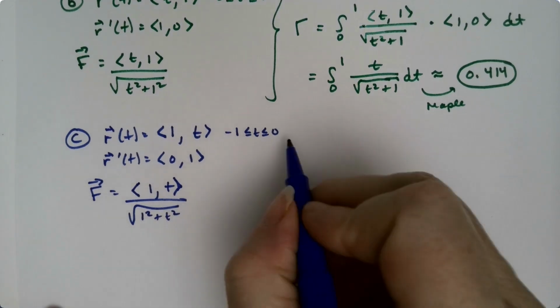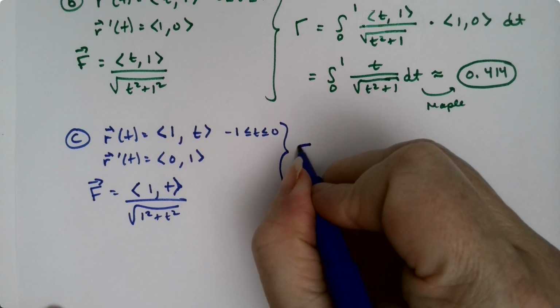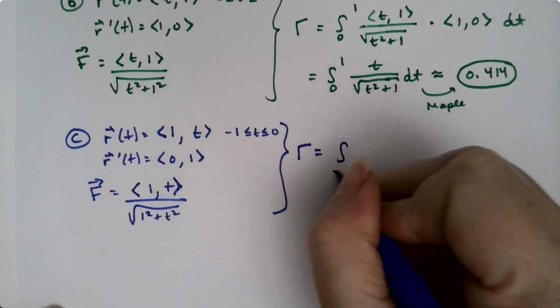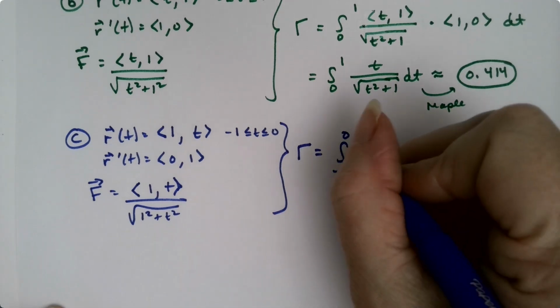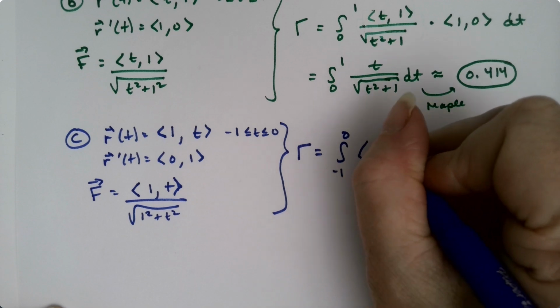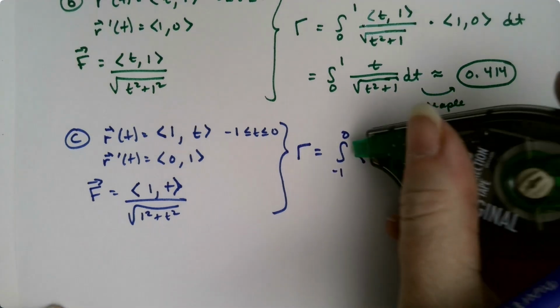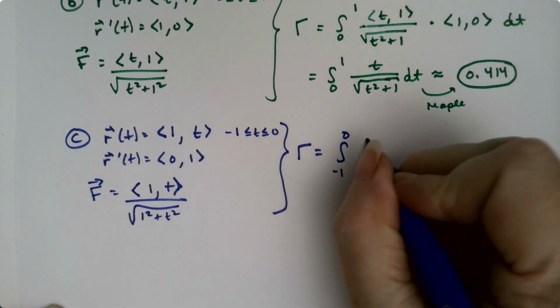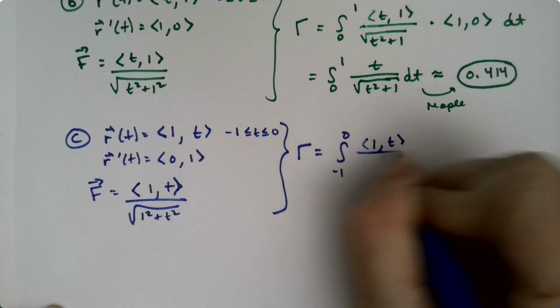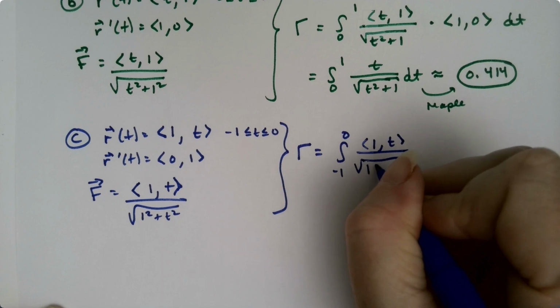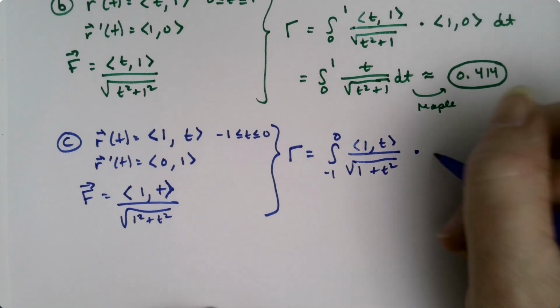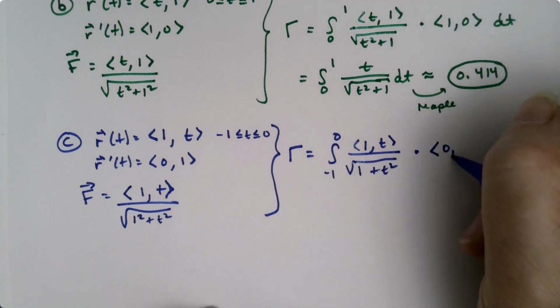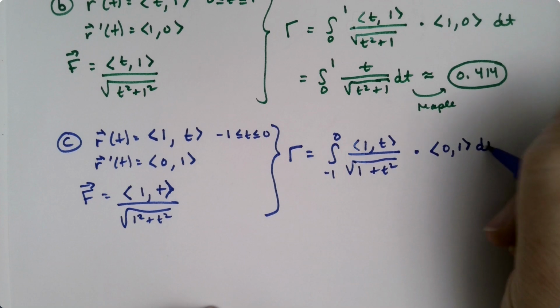Okay, so let's put this together. The circulation is the integral from -1 to 0. And then we're going to take the vector field. Oh, sorry, I just want to put that in the numerator. So the vector field (1, t) over the square root of 1 plus t squared, or t squared plus 1, times (0, 1) dt.